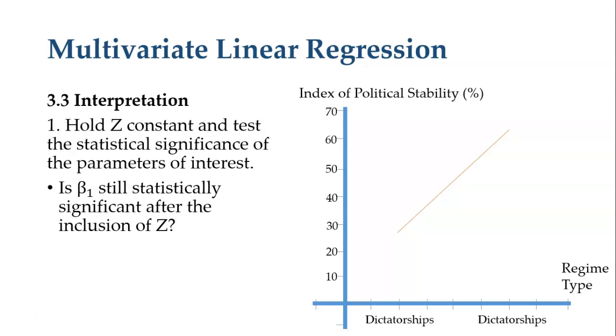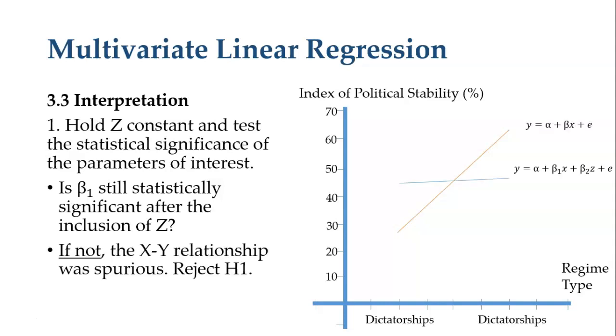And the next question is, okay, is beta sub 1, remember that this parameter is the measure of the effect of X on Y, does beta sub 1 remain statistically significant after we hold constant C? If not, we should see something like this, right?